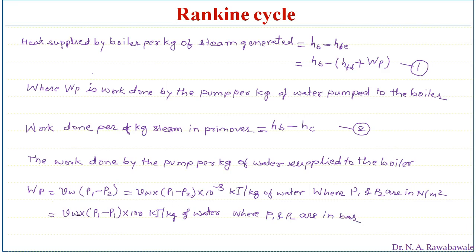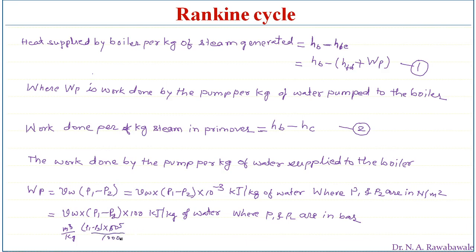So here we can see how we get this in terms of VW into P1 minus P2 into 100. The unit of VW, the specific volume, is meter cube per kg, and pressure is, for example, in bar. If we convert this into Newton per meter square, P1 minus P2 into 10 to the power of 5 Newton, divided by 1000 to convert it into kilojoules.